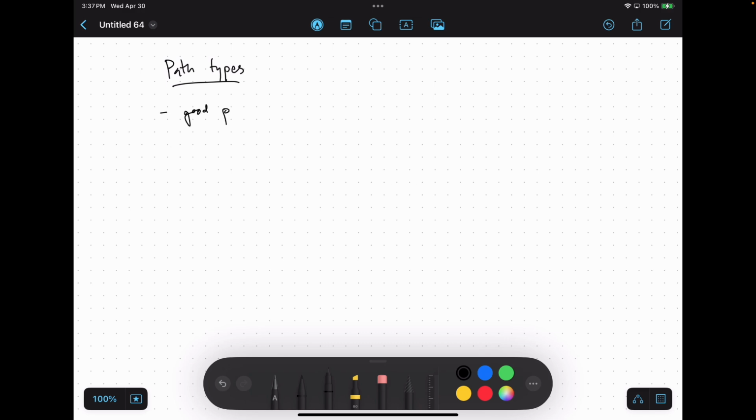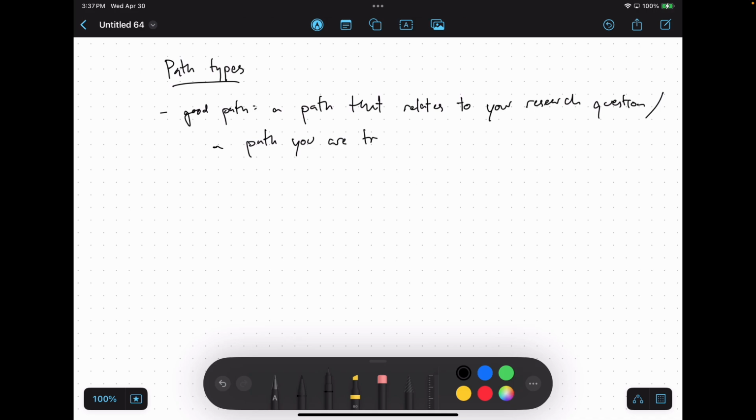So a good path is a path that relates to your research question, a path you are trying to identify.